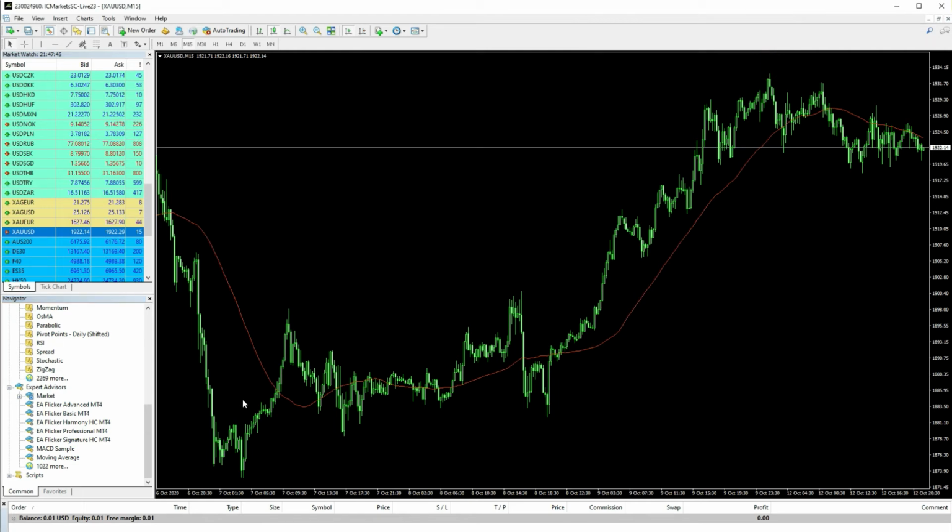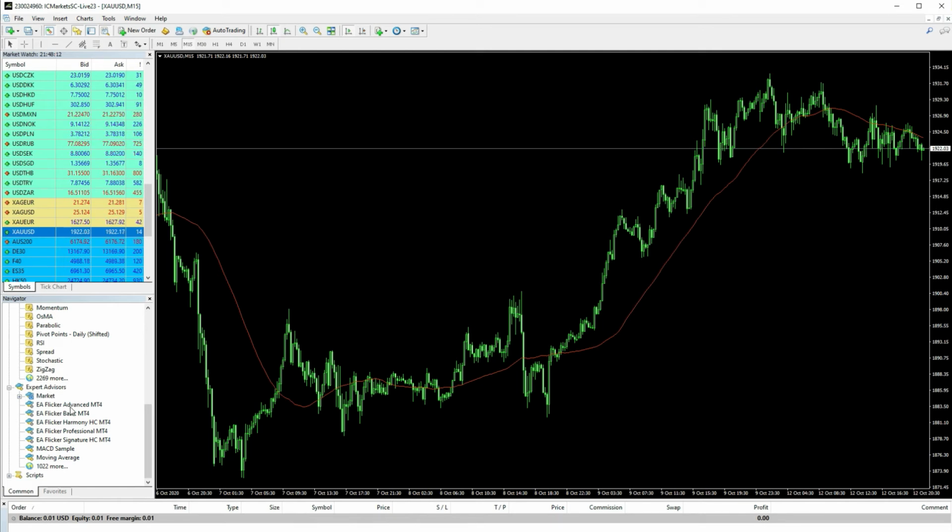You see how it sticks closer to the candles, and how it also follows how the candles are moving. So you can use 50 if you're on the 15 minutes, but if you're using an hourly one, you want to see a general trend, you can use 200 on H1. So that's really basic.